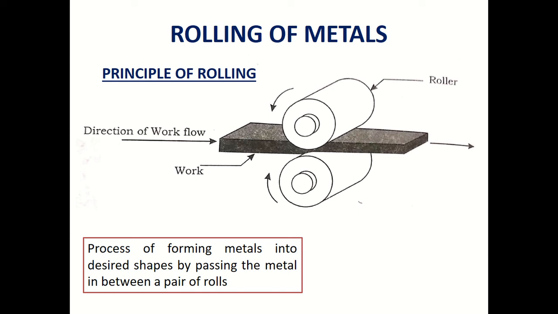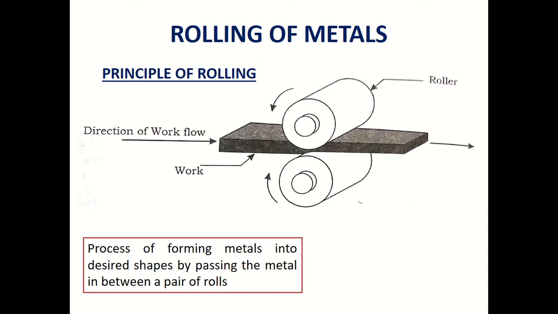So rolling is a metal forming process in which the material is allowed to pass between rotating rollers in order to reduce the thickness and to obtain the desired cross section.